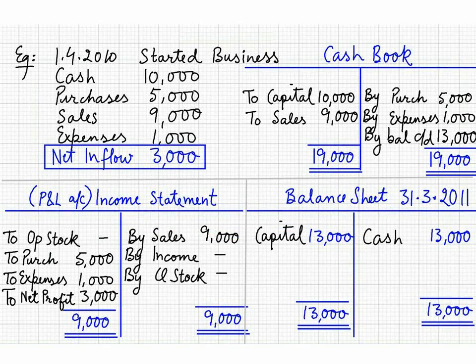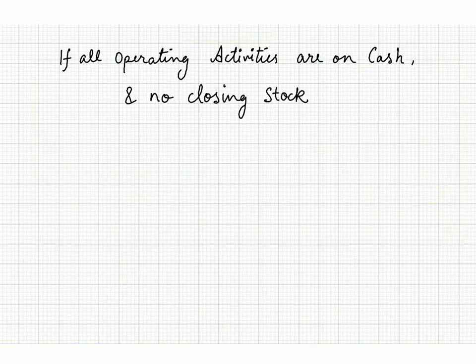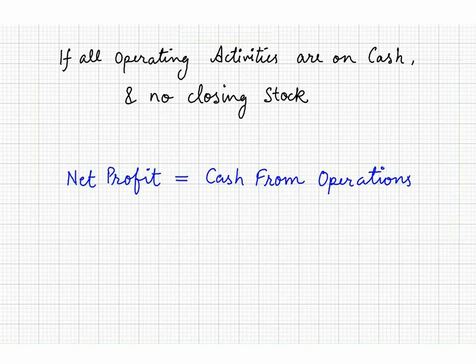But if you look carefully, the profit is also rupees 3,000 and your cash from operation is also rupees 3,000. If all operating activities are on cash and there is no closing stock, then net profit and cash from operation are always the same.